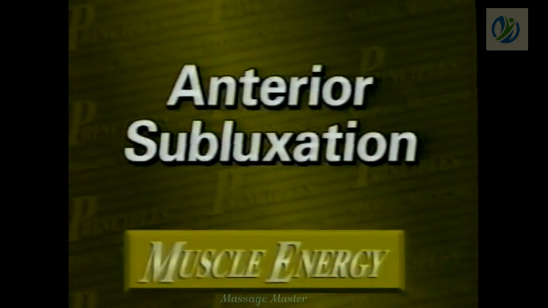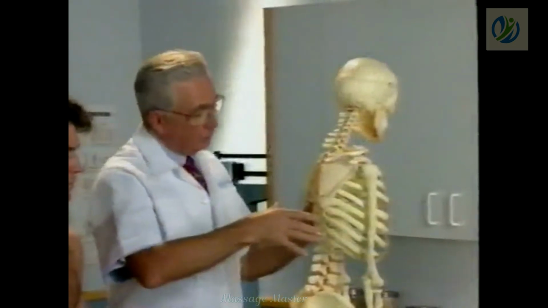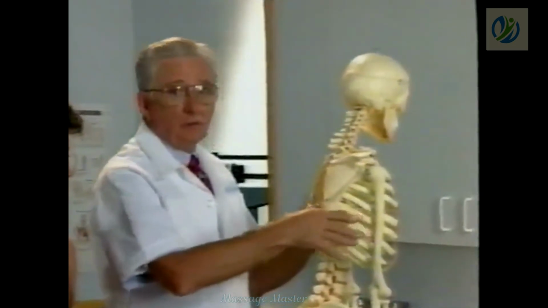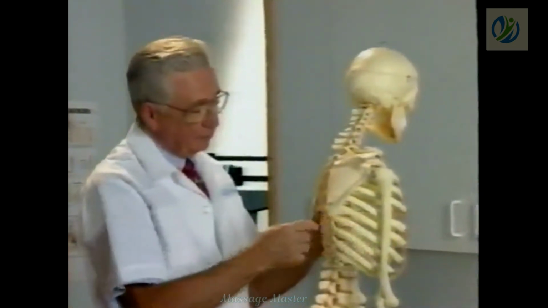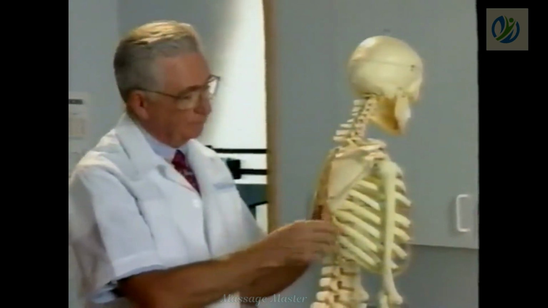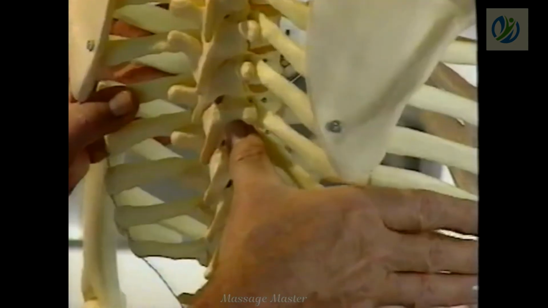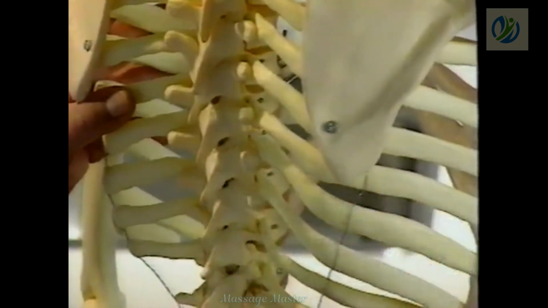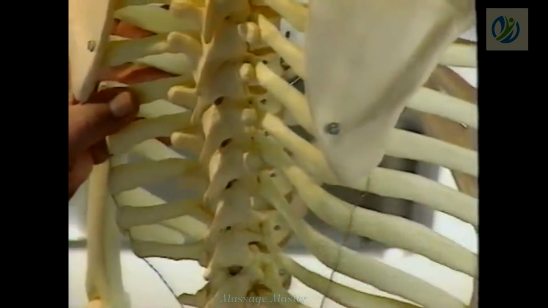The anterior subluxation is when the rib has slid forward in relationship to the costovertebral and costotransverse articulations. In this instance, I want to develop a technique that will pull it backward for me, posterolaterally.